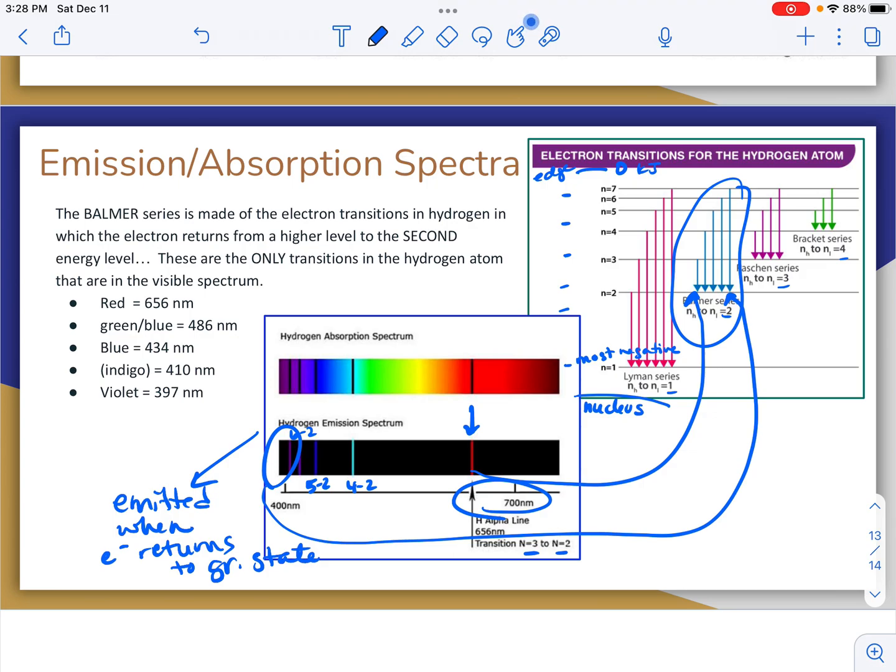The absorption spectrum would be the exact same amount of energy, hence they line up, right? But this would be how much energy would be required to be absorbed to get the atom to have that electron go to the higher energy state, the excited state. So remember, the absorption spectrum is to excite the atom, and the emission spectrum is to return it to ground state, but the wavelengths would correspond to each other.